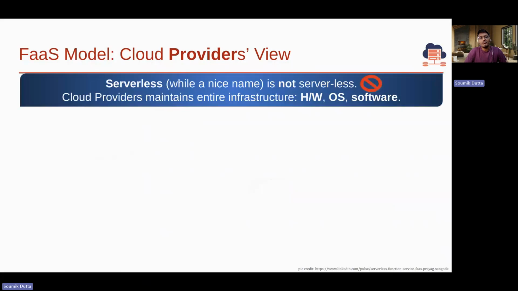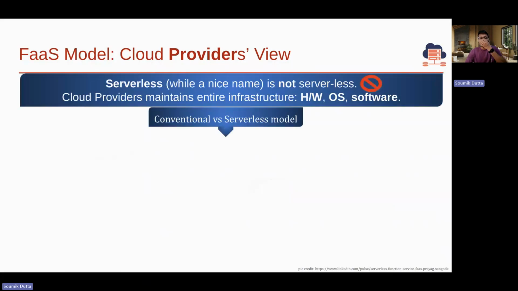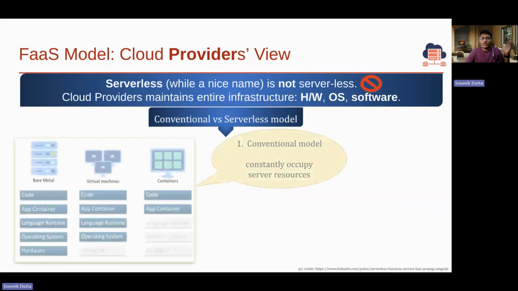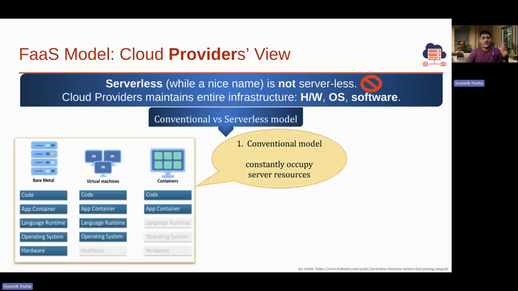So let's see from the cloud provider's perspective. Though the name is serverless, it's actually not serverless, because cloud providers have to maintain all these servers, hardware, OS, and software packages. Let's understand the serverless model by comparing it with the earlier or conventional model. In this image, on the left-hand side, we can see that bare metal, virtual machine, and containers are the conventional model, where the resources get occupied constantly in the server.